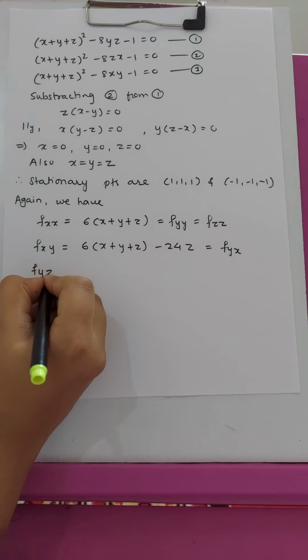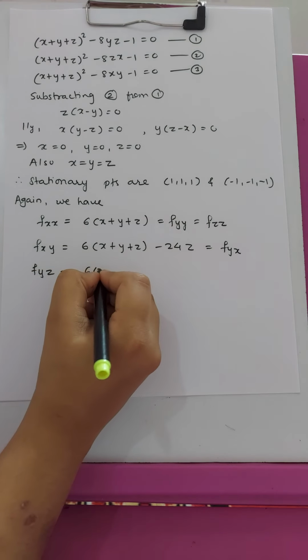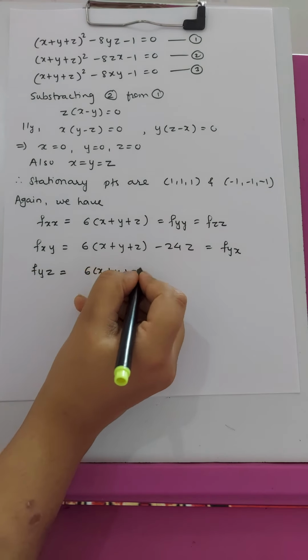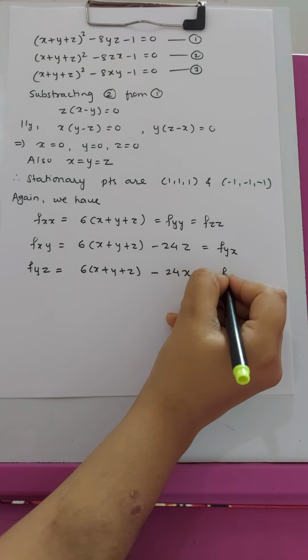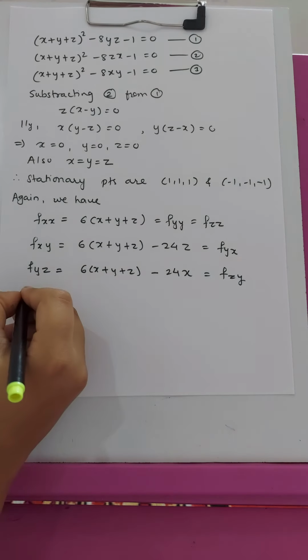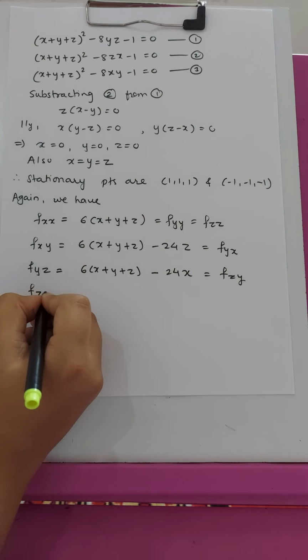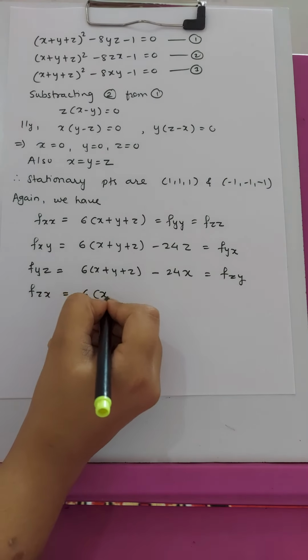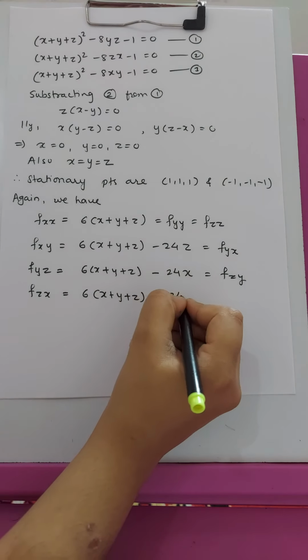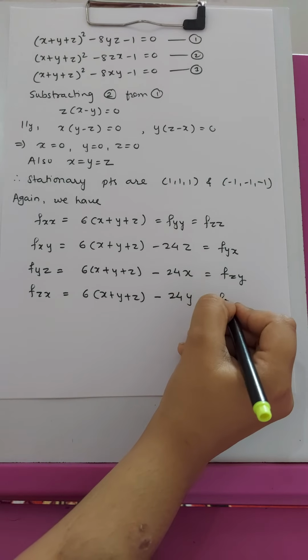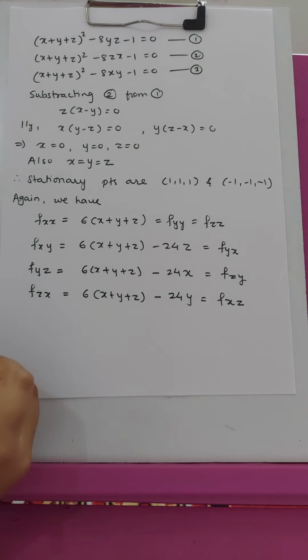Then f yz is equal to 6(x + y + z) − 24x, which is also equal to f zy. And then f zx is equal to 6(x + y + z) − 24y, which is also equal to f xz.